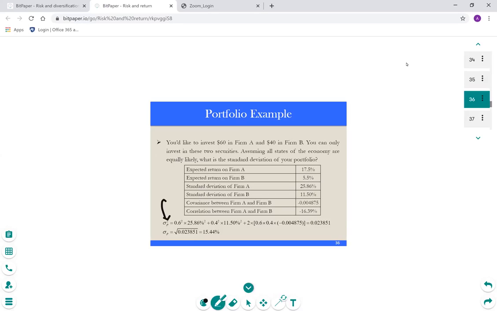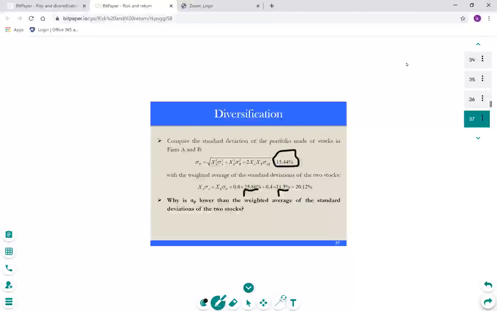If we take the square root of that to get the standard deviation, we find that the standard deviation of a portfolio that's 60% A, 40% B is 15.44%, which is greater than the weighted average of the individual standard deviations. This is precisely what we mean when we say there's a diversification effect. The weighted average of the standard deviation of the individual stocks is larger than the standard deviation of the portfolio of stocks.